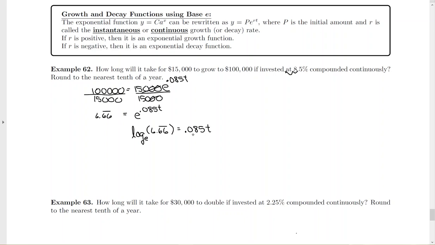And then solve for t. So divide both sides by 0.085 because it's hooked by multiplication here. And I'm going to clean it up a little bit because another name for log base e is natural log of the 6.66 repeating divided by 0.085.